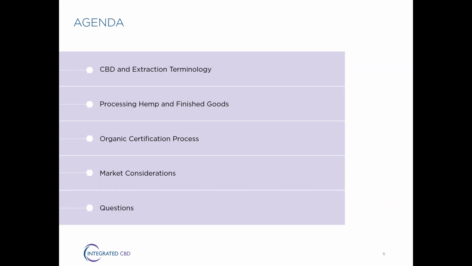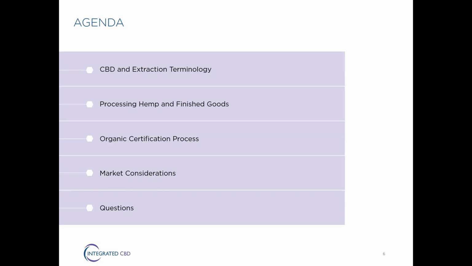We're also going to go over the organic certification process, the things to be aware of, how to find and verify that organic certification, and then briefly touch on some market considerations and some takeaways from today's webinar that you can take back as you're out and going about your day-to-day, and just things to remember and consider in the market. And again, we'll leave time for questions at the end, so please send those in as they come, and we will stay on the line and answer a lot of those as we wrap up today.